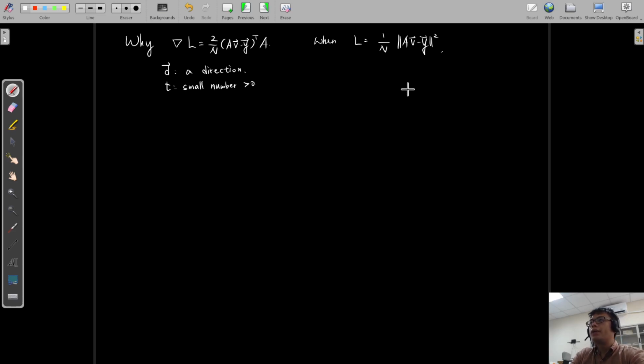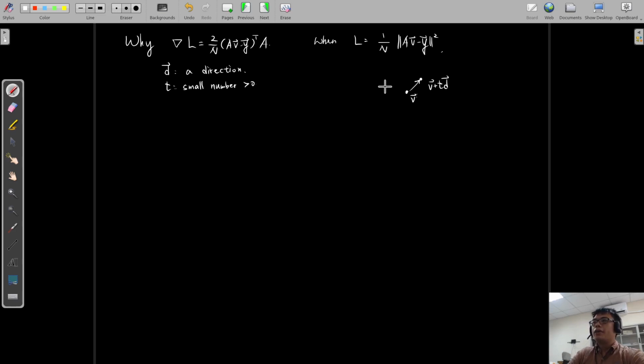So what we are going to do is start with v and change to a different point, v plus t times d. We are going in the direction of d and just going a little bit in this direction.